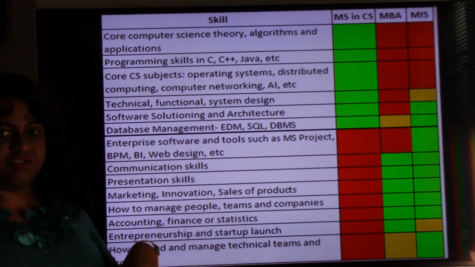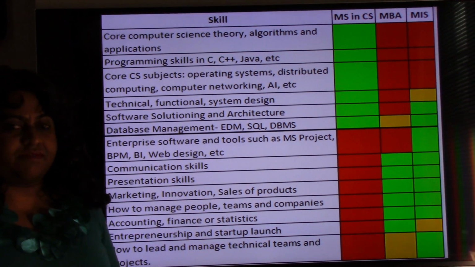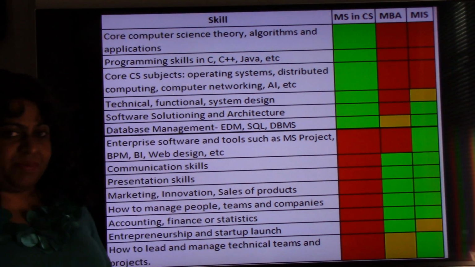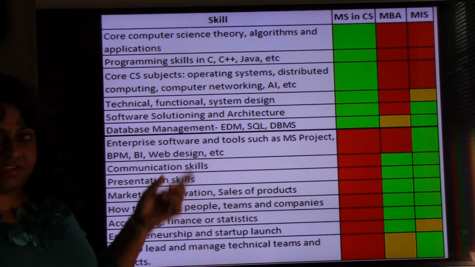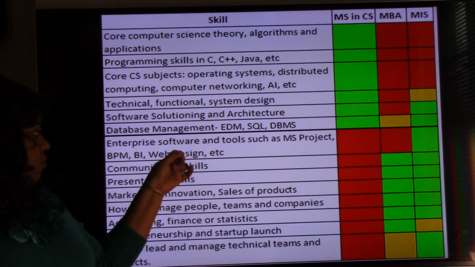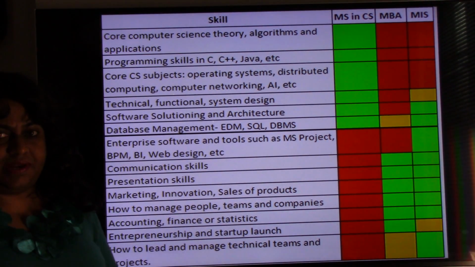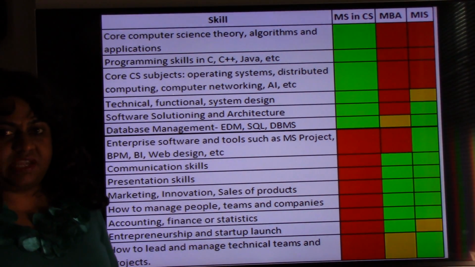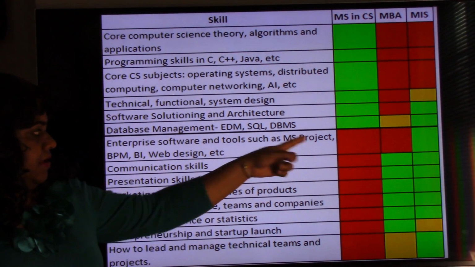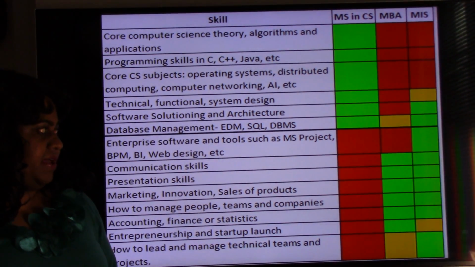And business intelligence, it's like preparing all these dashboards for the executive management. Or if you want to learn about web design, all these software tools like CRM, customer relationship management, they teach you actually how to use the software, like data warehousing, data mining, all these technologies, they are taught in MIS. If you want to learn all this, your best bet is to study MIS.